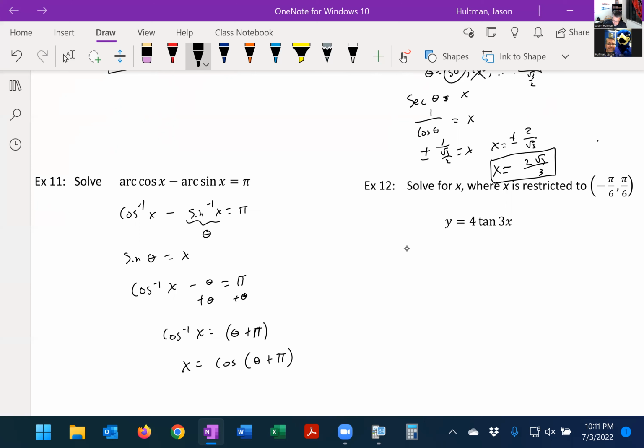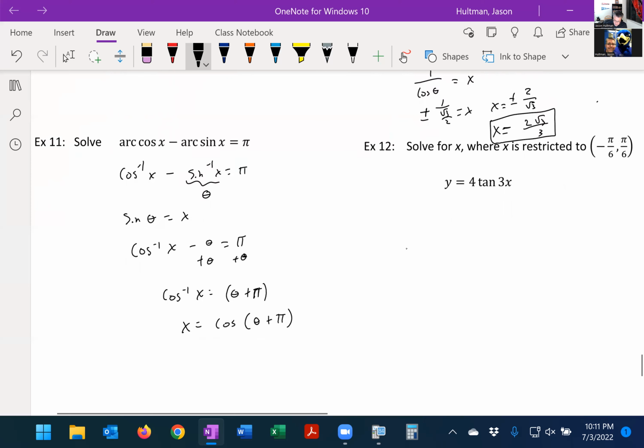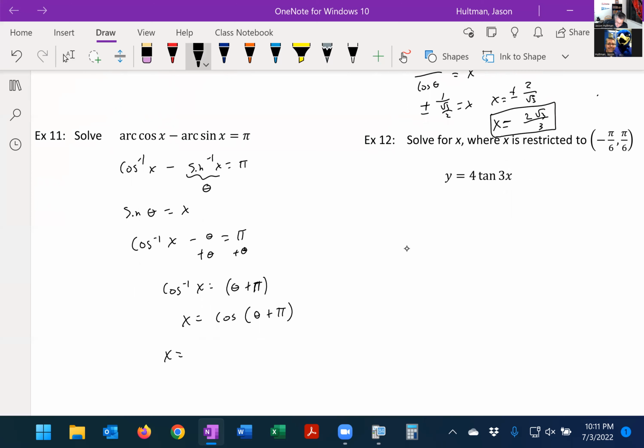So what I can do now is use a sum formula. I could say x is equal to cosine theta cosine pi minus sine theta sine pi.